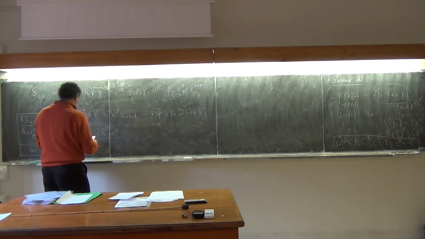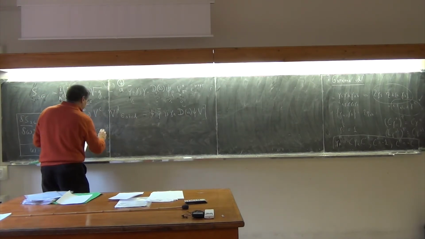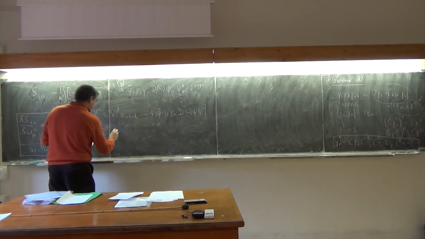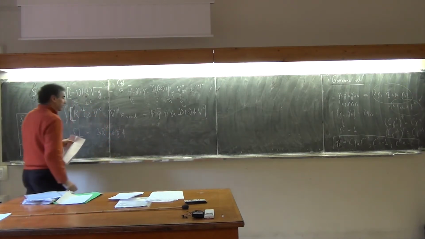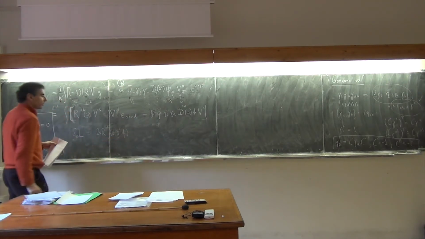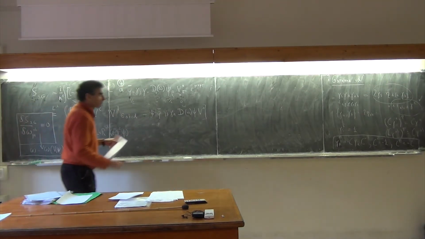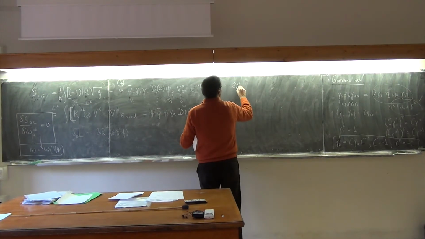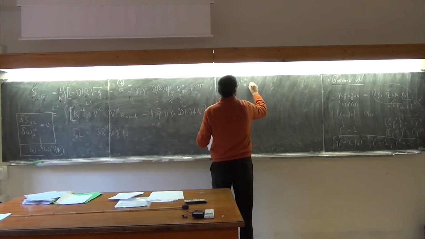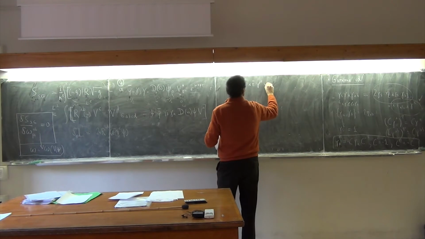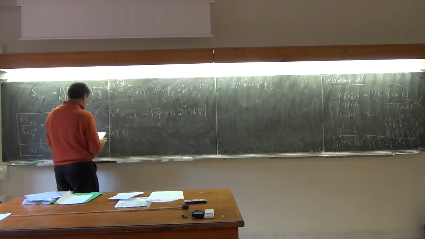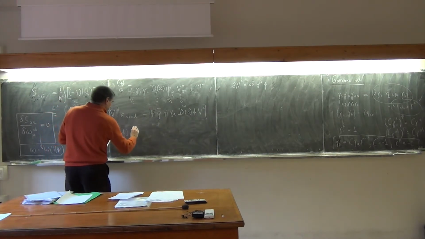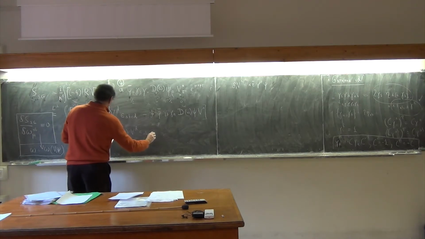The variation of V^C was equal to alpha times epsilon bar gamma^C psi, right? This was the variation of V^C. Alpha epsilon bar gamma^C psi, and I put it here, times V^D times epsilon_{ABCD}.